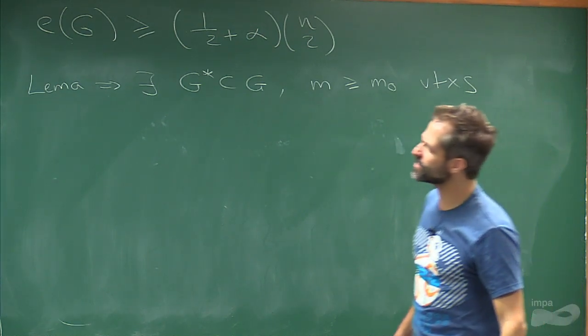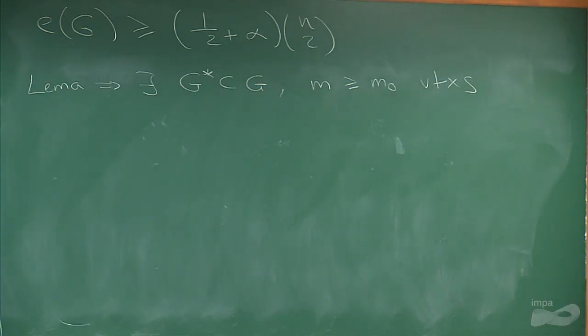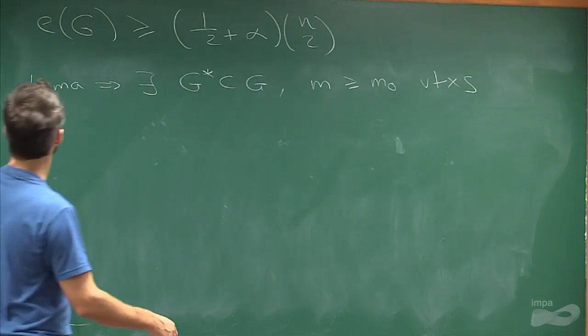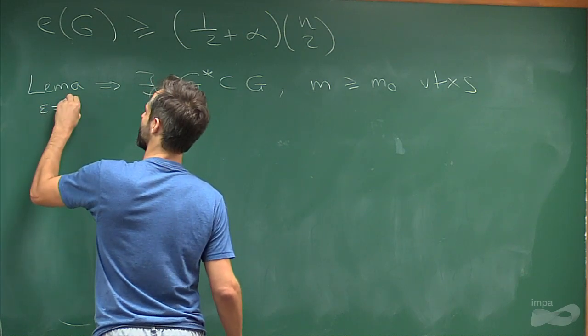Right, so what are we going to pick? M can be much smaller than n. All we really want is epsilon, so let's put epsilon to be alpha over 2.